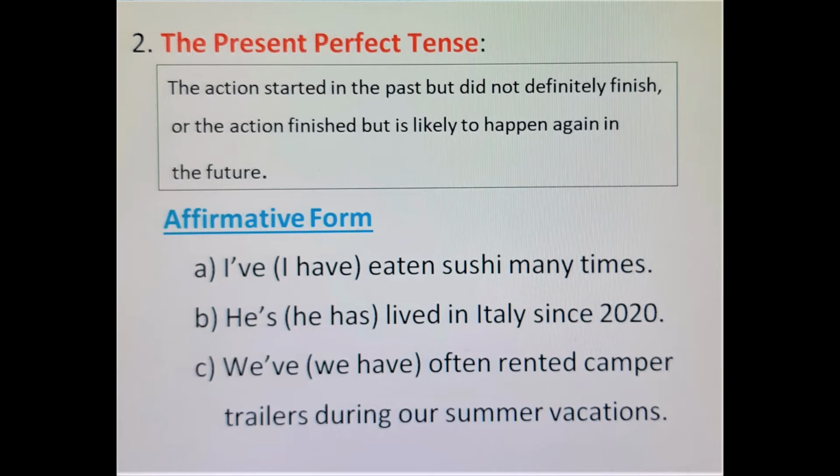Now in front of the past participle rented, we have the word often, which is an adverb. And this word could be placed also after the word trailers. We've rented camper trailers often during our summer vacations. Okay? Now let's go to the next slide.